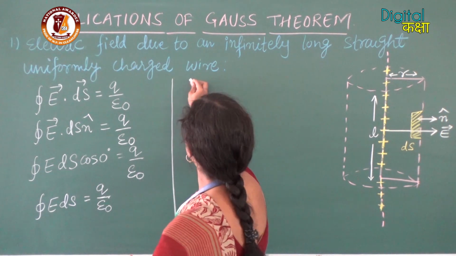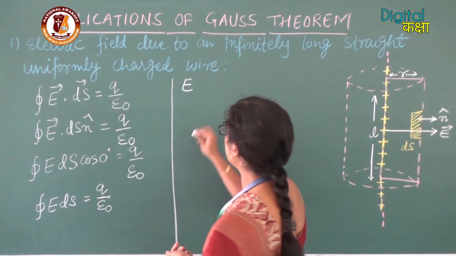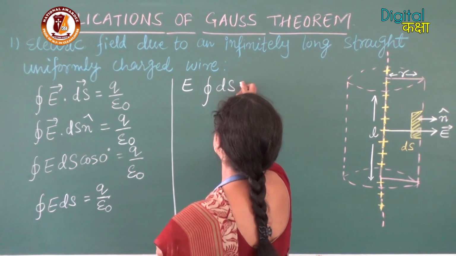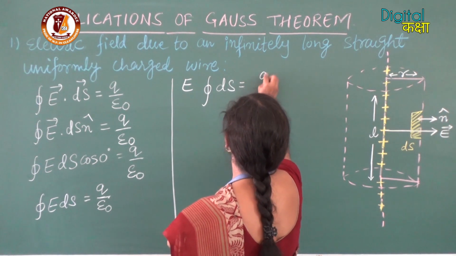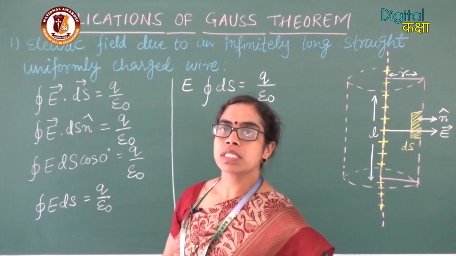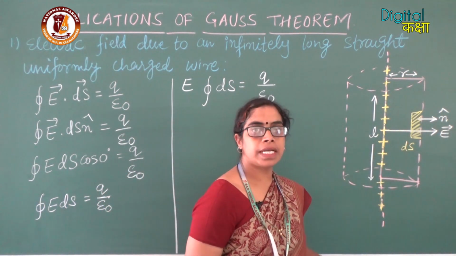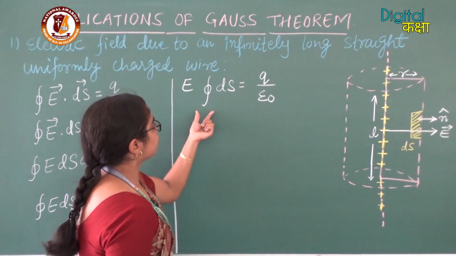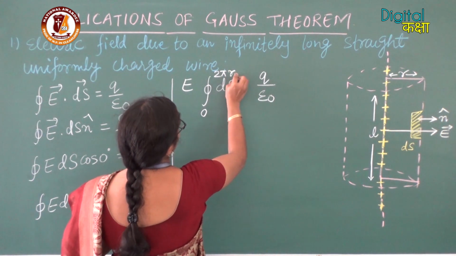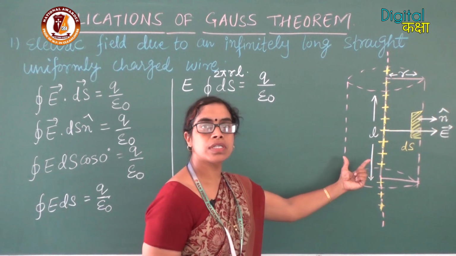Continuing further, E can be taken outside the integration sign. Integration of ds is equal to q upon epsilon naught, where ds represents the small surface area of this cylinder. The limits vary from 0 to 2 pi r L, which is the formula for the surface area of the cylinder.